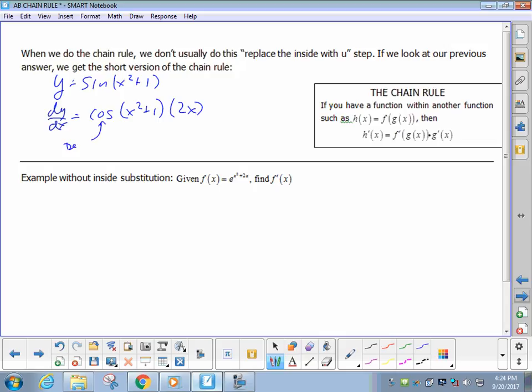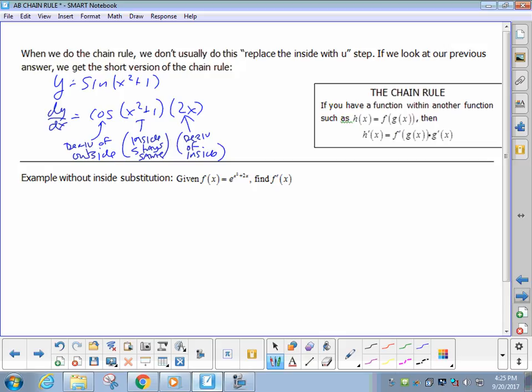That's the derivative of the outside function in the original problem. And that x squared plus 1 is to say the inside stayed the same. Then we multiply by the derivative of the inside. That's where 2x came from. It came from the derivative of that inside, x squared plus 1.